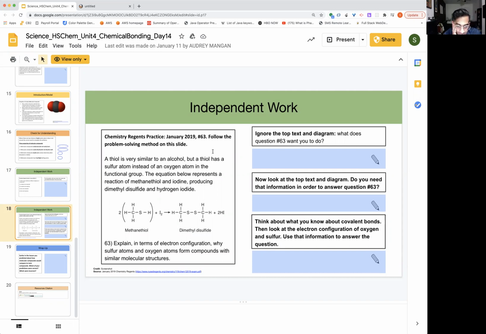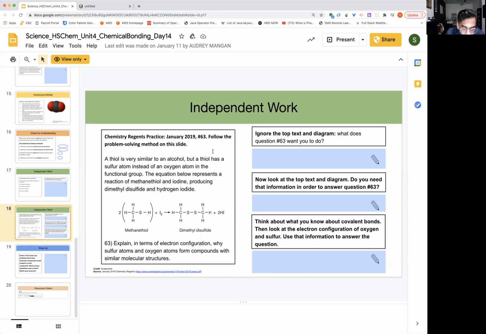So we've got this long thing about a thiol and the similarities and differences between a thiol and alcohol. If we skip over that, we see that the question is asking us to explain in terms of electron configuration why sulfur atoms and oxygen atoms form compounds with similar molecular structures.